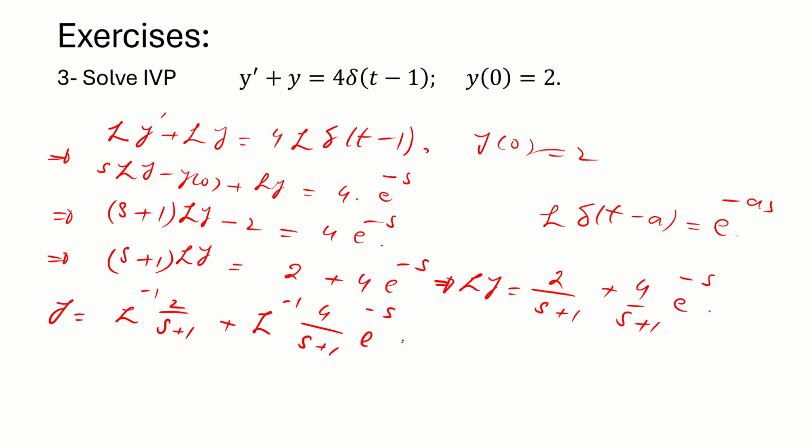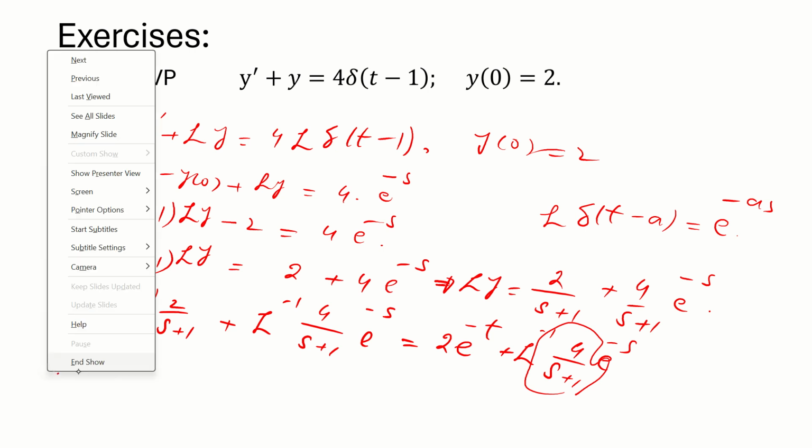The first part will give you simply e power minus t, whereas in this case we'll be using the second shifting theorem. We first find the Laplace inverse of this part.